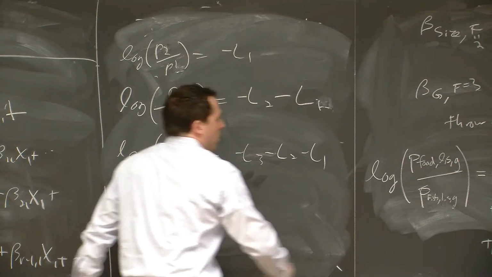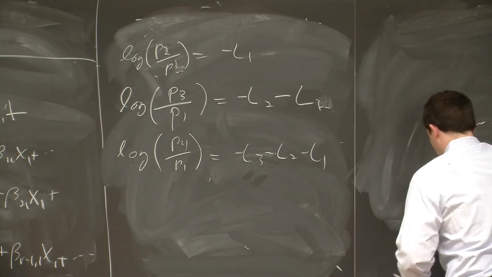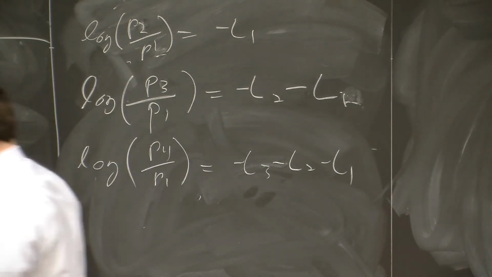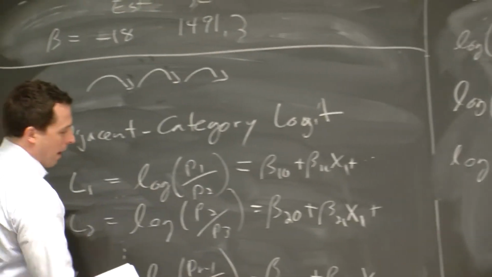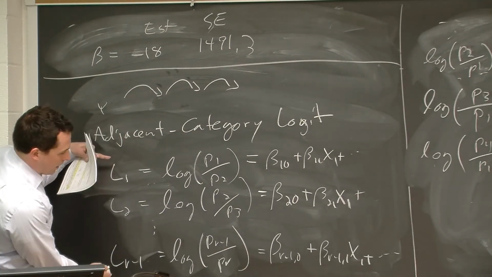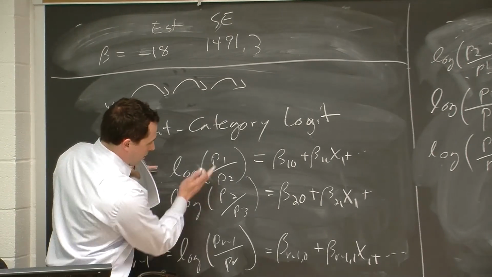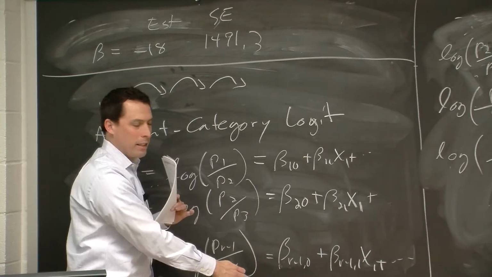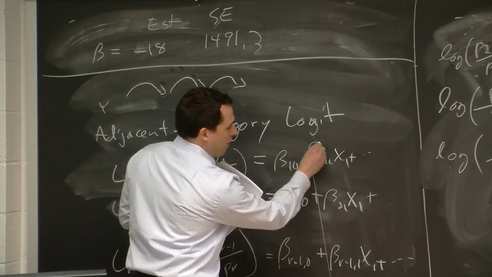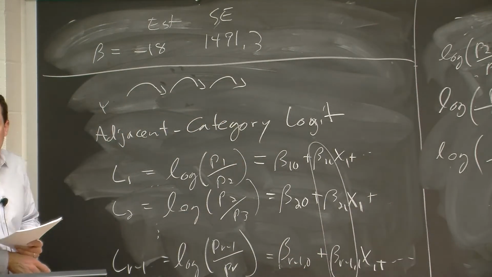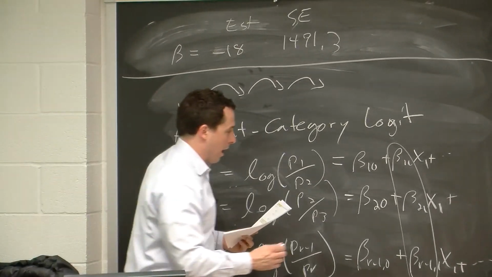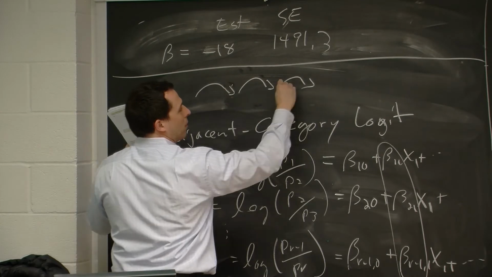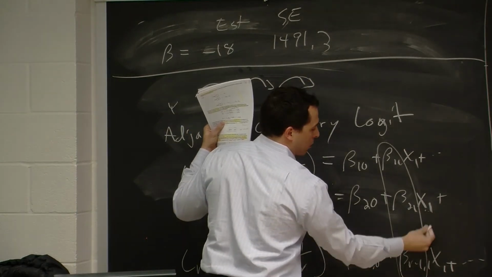But the new thing that we can do to reduce the number of parameters is take this big matrix of coefficients and say, you know what, for the jump in each category, let the intercept vary freely. But then let's say the effect of x1 should be the same. In other words, when I jump up by one category, no matter which category I'm at, whether I'm making this jump or this jump, I'd like the effect of an increase in x1 to be the same.